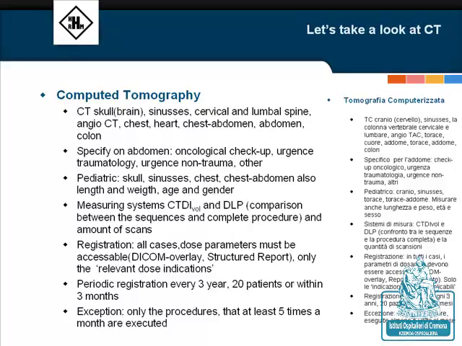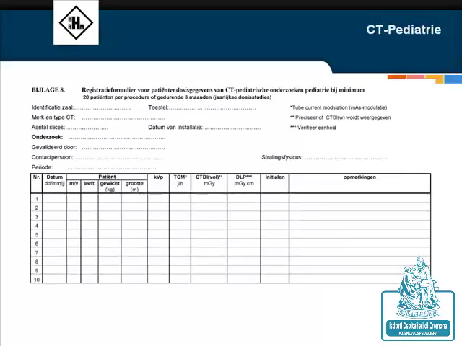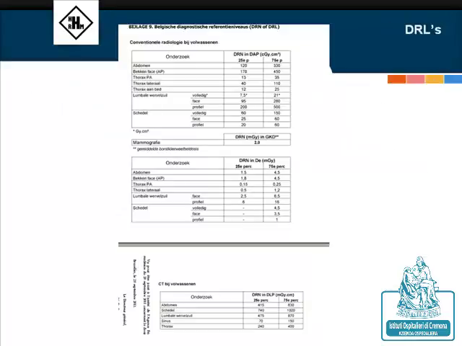But humans make faults. Exception only the procedures that at least 5 times a month are executed. This is the registration formula for the Belgian legislation. So in Brussels they get thousands of papers of that, and also for children.